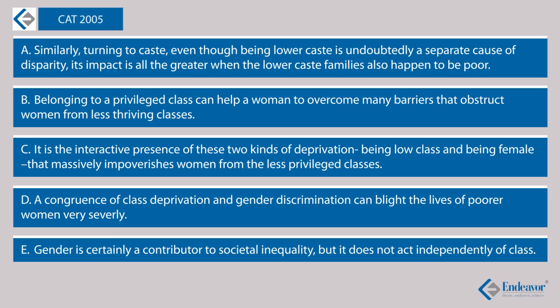As it is pretty evident, the main topic is how a woman is treated in a society. We start this discussion on the ill treatment of women by introducing in sentence E, which is pretty general, says gender is certainly a contributor to societal inequality.